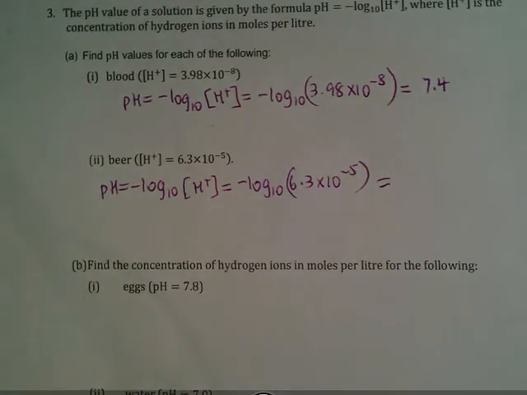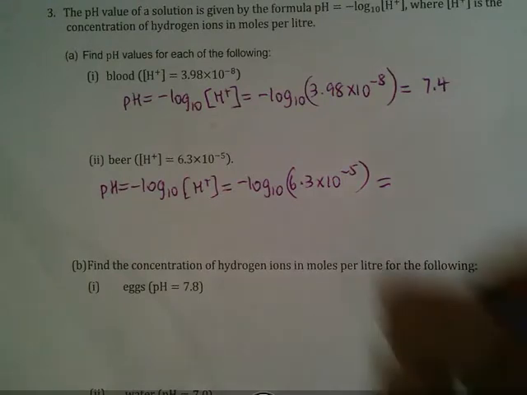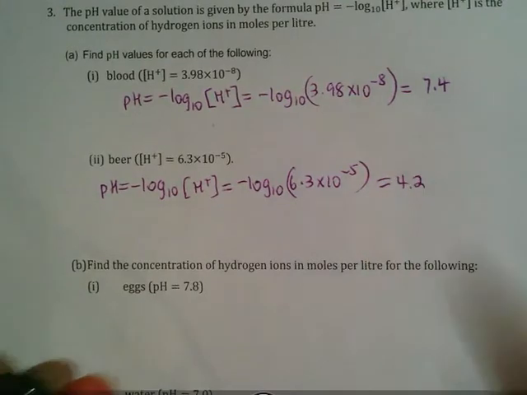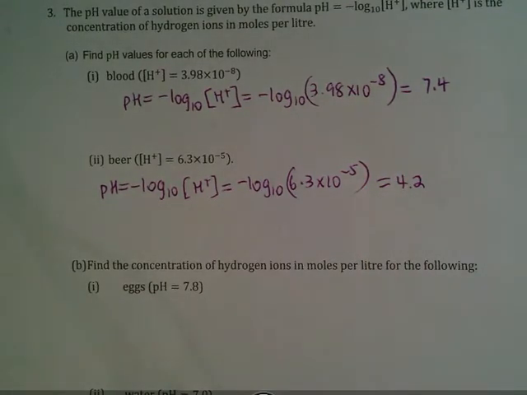On your calculator, you'll just enter that as negative log of 6.3 times 10 to the power of negative 5, and you get a pH of 4.2. So this is acidic, okay?